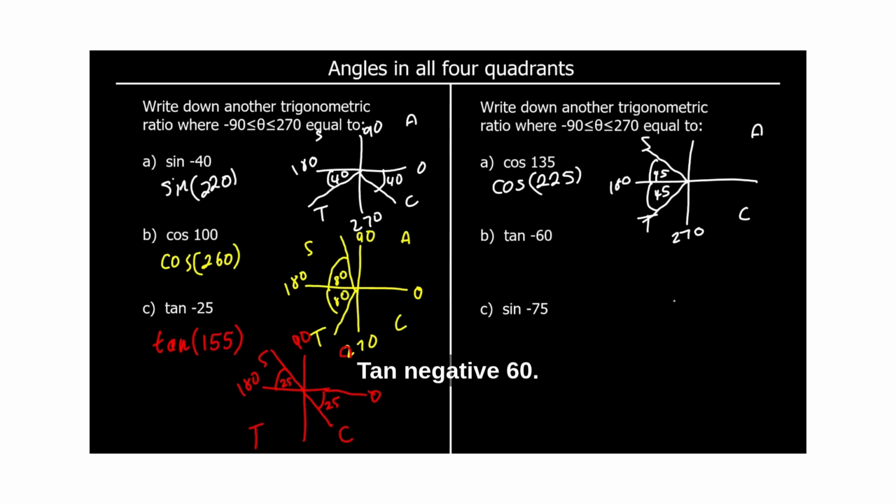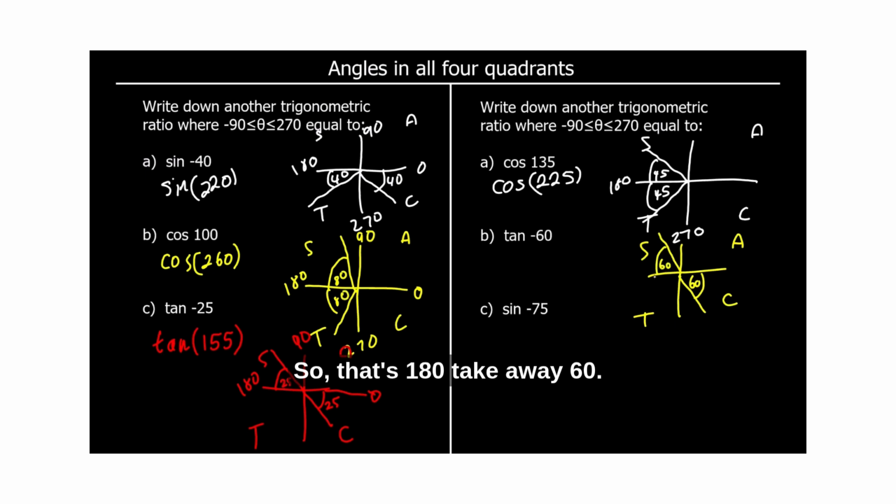Tan negative 60. So tan is negative here. It's negative again up here. So that's 180 take away 60. That's 120, tan 120.